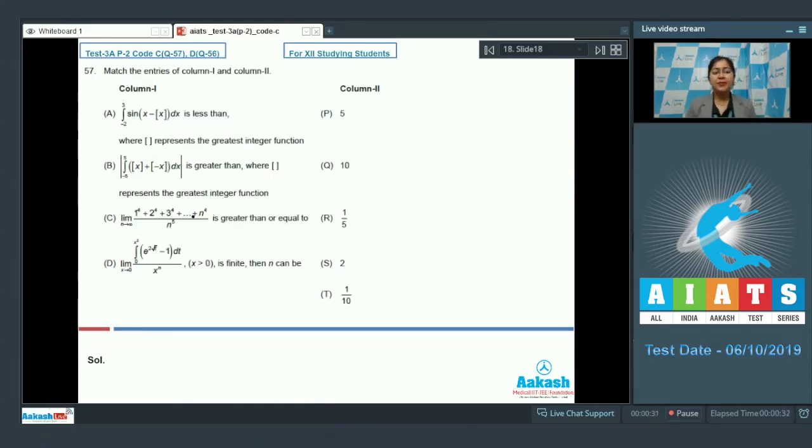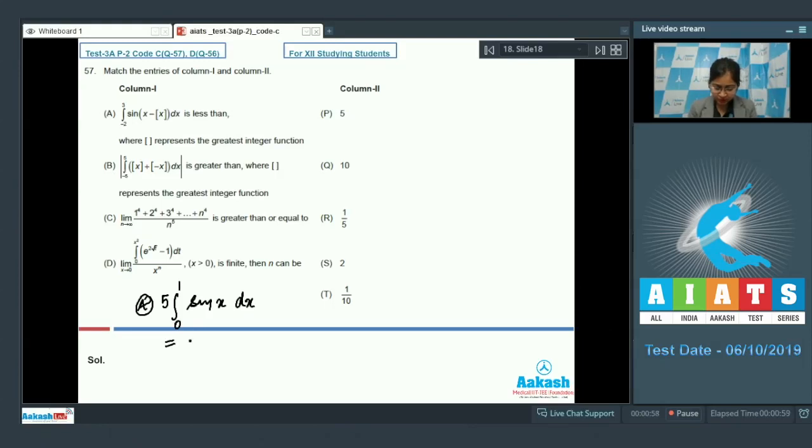Now the next matrix match, option number A, it says that integral from minus 2 to 3 sine of fractional part of x into dx, which is same from 0 to 1, 1 to 2, 2 to 3. So we can write it as 0 to 1, 5 times sine of fractional part of x can be written as x, because x is going from 0 to 1.